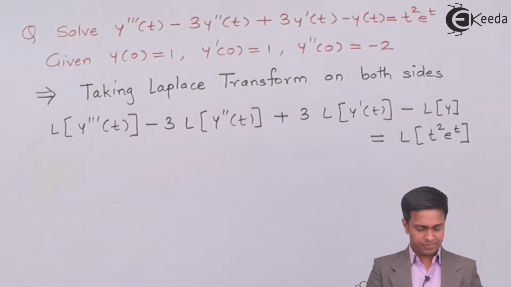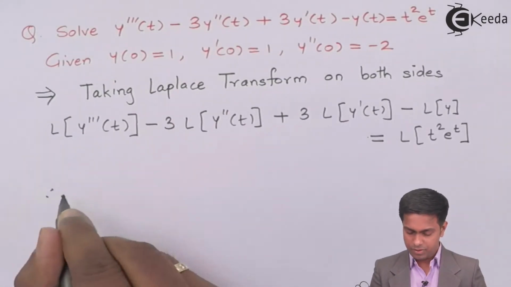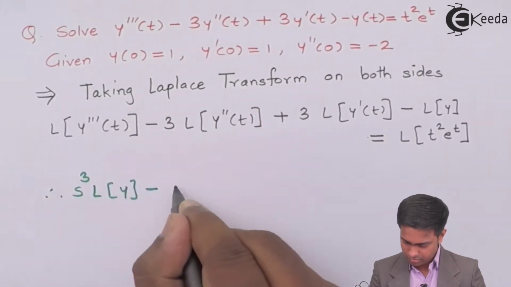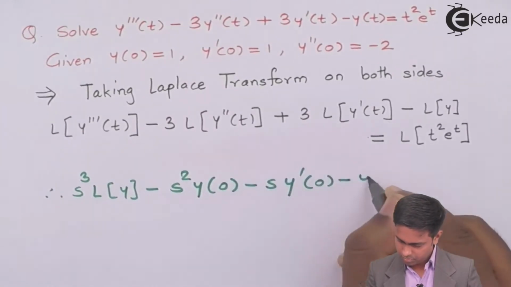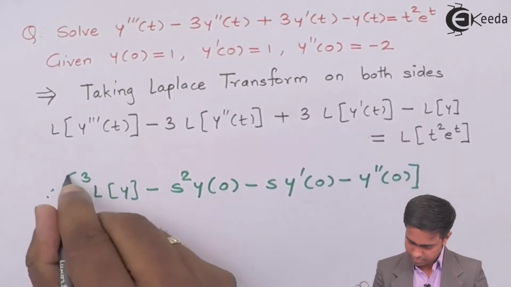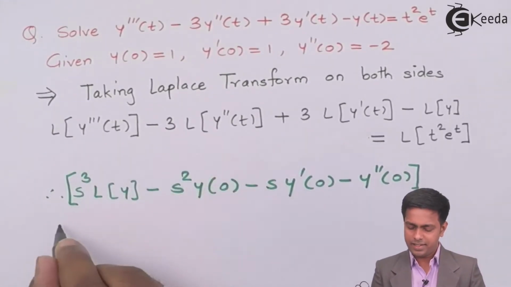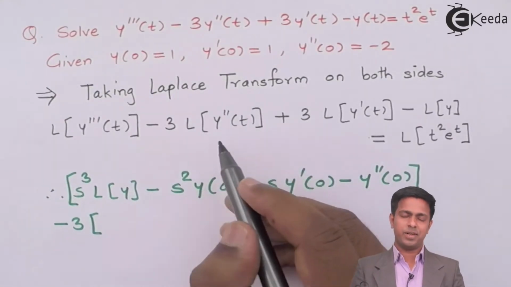So here we will get, therefore, the value of the first term, then minus 3. Then for the second term, again we will apply the formula.